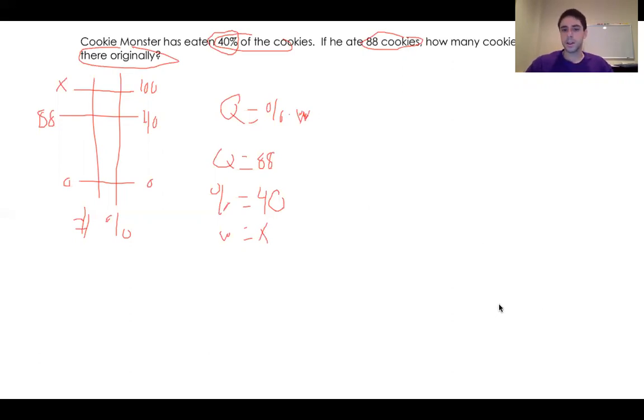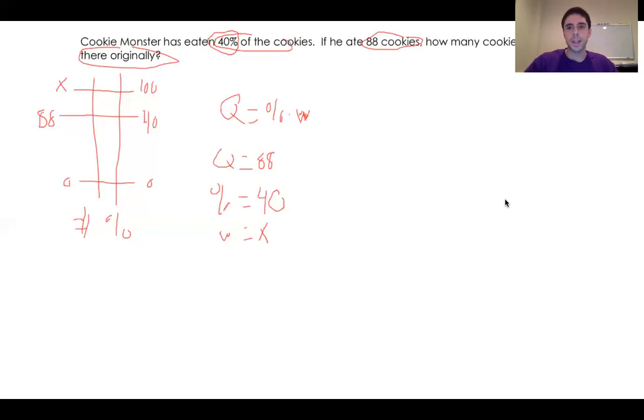Let's start with because. What do we think? Why is 88 going to be our quantity? Even if we're not sure, let's take our best guess. Let's use our mathematical brains and take our best guess on what we think it might be.